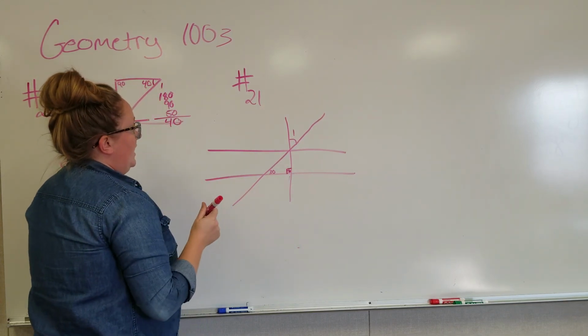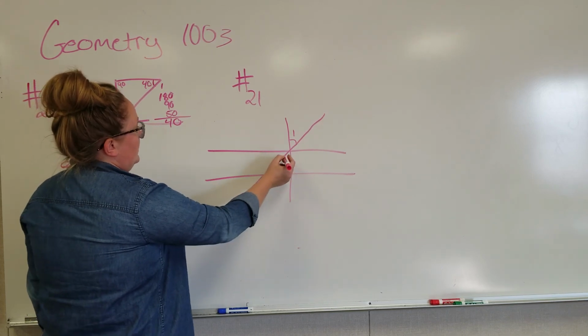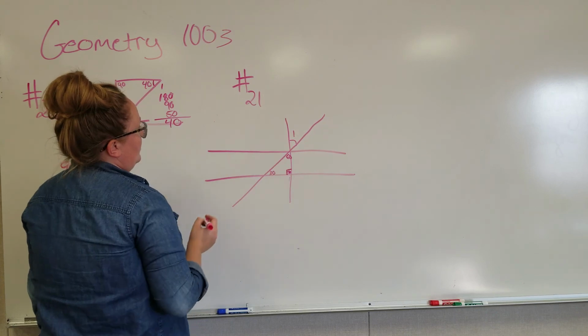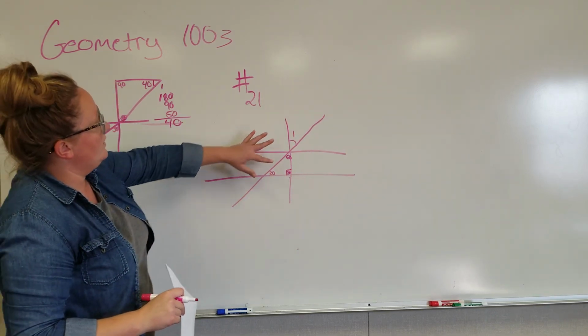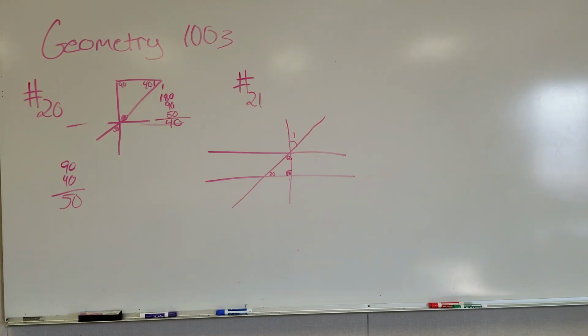So we have 180 minus 90 is 90 degrees, minus 30 is 60. That means this is a 60-degree angle here. And then vertical angles are equal. So if that angle is 60, then the measure of angle 1 is also 60 degrees.